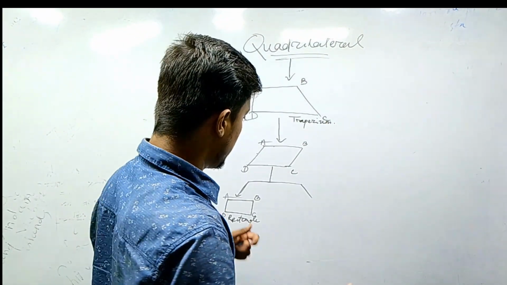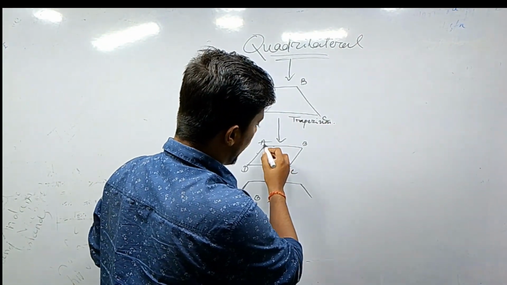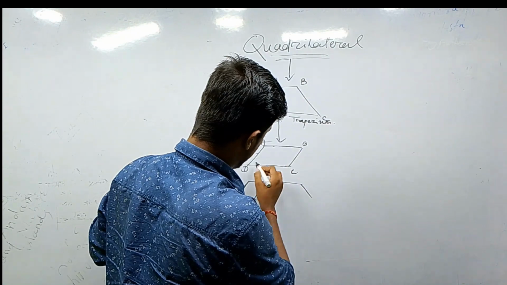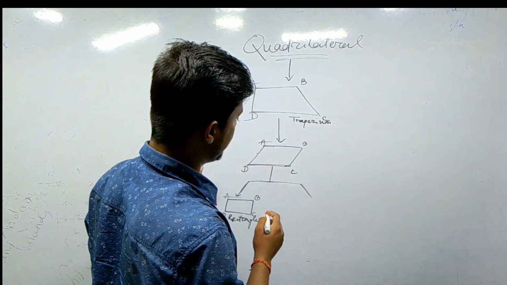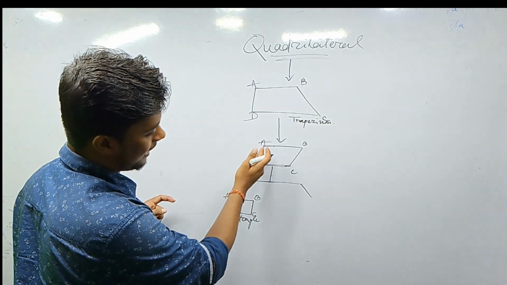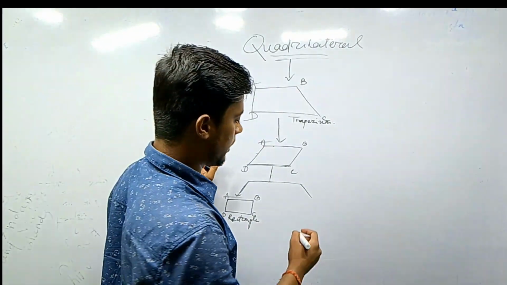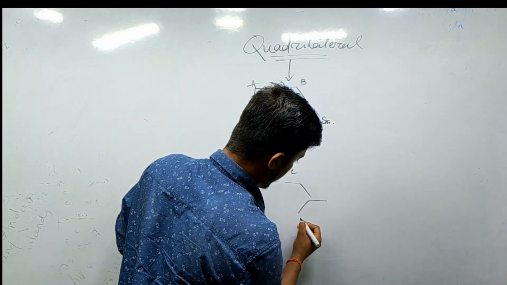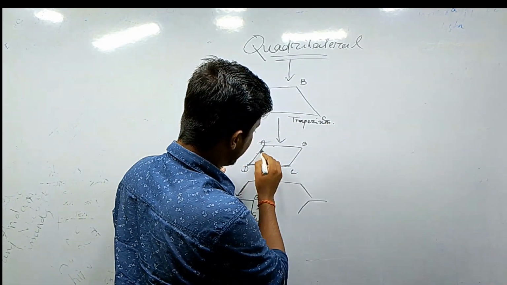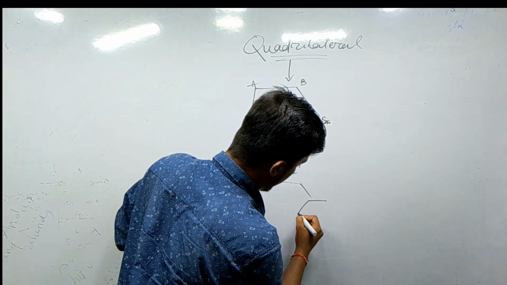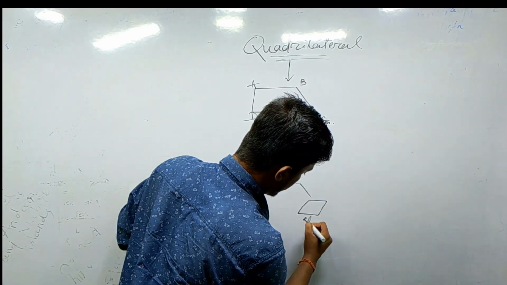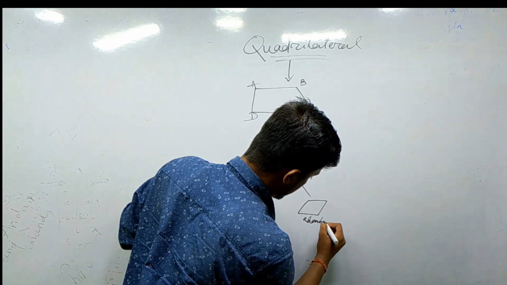But if we make the adjacent sides of the parallelogram equal, then it becomes a rhombus.